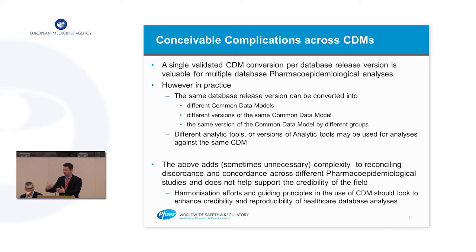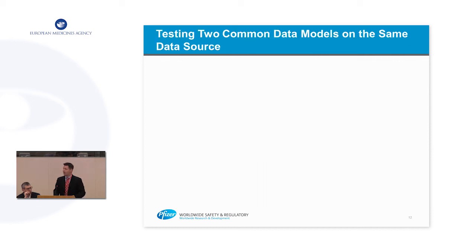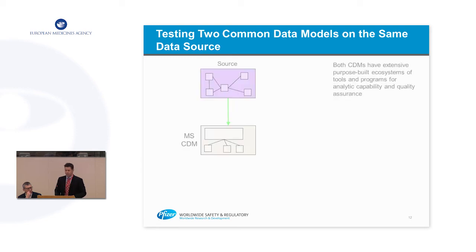And then we have the changes in the database behind the common data model. So it's complicated, and that's why there has been some comparison done outside of safety, but we hadn't seen very much in the literature around CDM conversions and their impact for safety. So that's what I want to talk briefly about now.